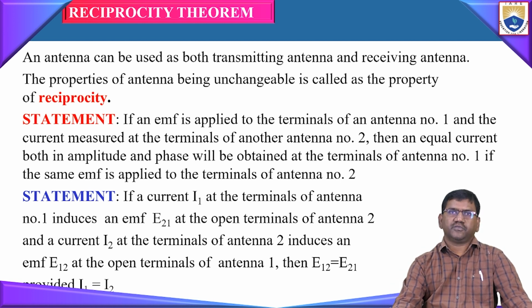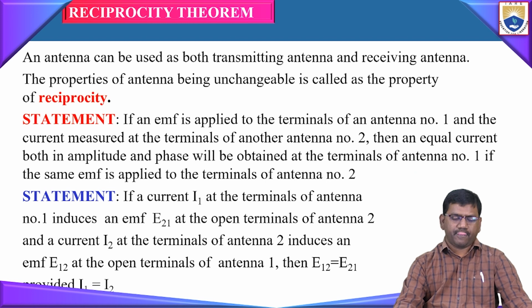The reciprocity theorem states that if an EMF is applied to the terminals of antenna number 1 and current is measured at the terminals of antenna number 2, then an equal current, both in amplitude and phase, will be obtained at the terminals of antenna number 1 if the same EMF is applied to the terminals of antenna number 2.